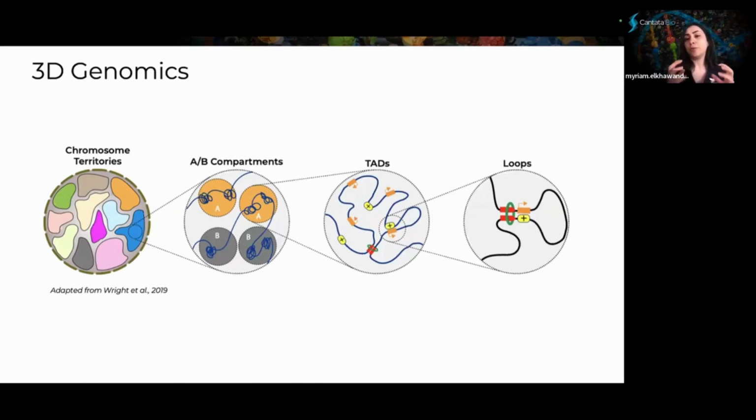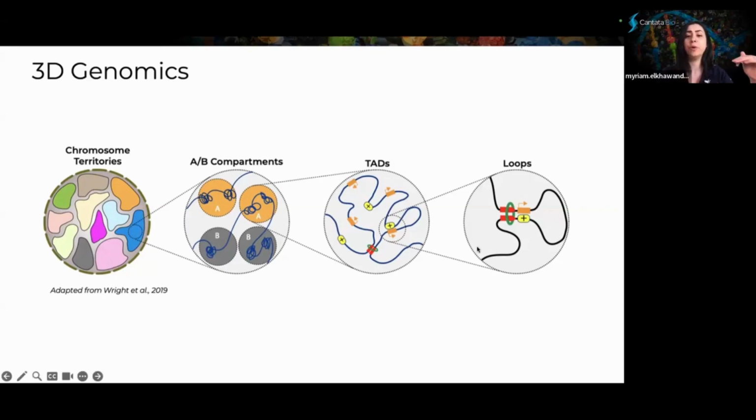If you zoom in more, you will see TADs, or topologically associating domains. And these domains promote interactions within regions that are contained within the domain, and limit interactions with the regions outside of that domain. And they play a role in gene regulation because, to put it more plainly, if you have an enhancer, having this TAD organization will limit the ability of that enhancer to activate and interact with a promoter that is located in a different TAD or a different domain.